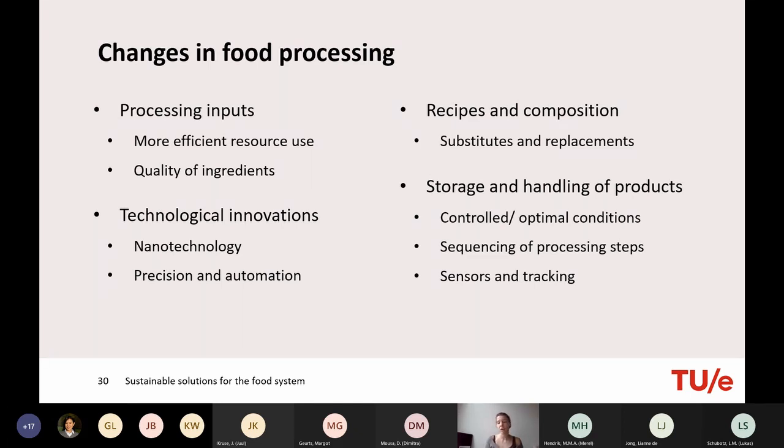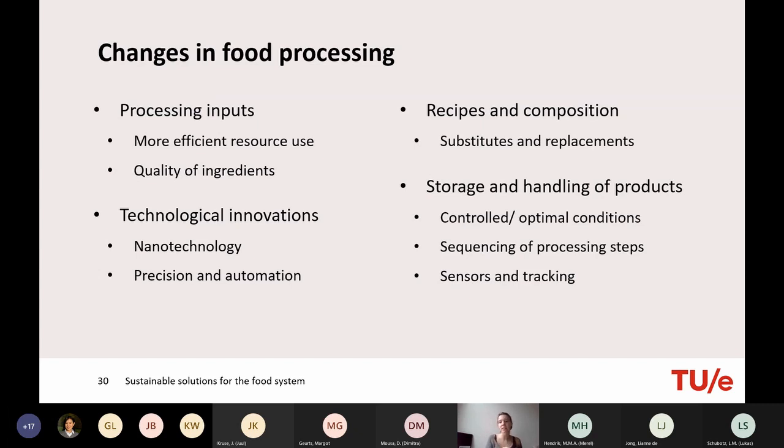And then we can change storage and handling of products by optimizing the conditions and better control these conditions, so that, for example, we may have less waste in the end, by changing the sequencing of processing steps. So maybe I don't wash things right in the beginning, but I wash them later on, because otherwise I have to wash them several times.